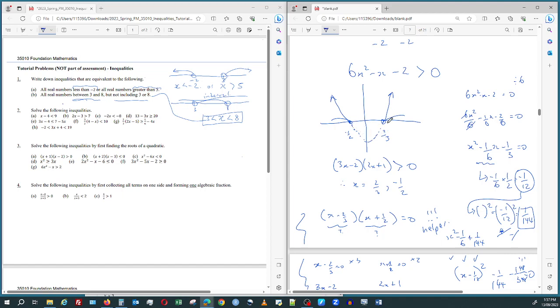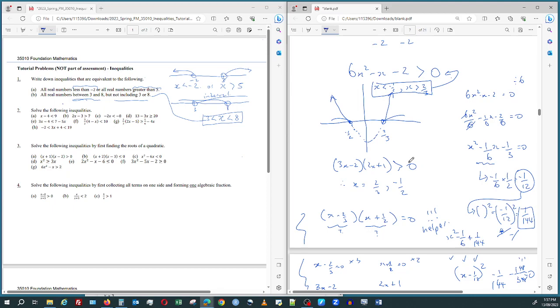We're interested in that solution set. So in this case here, we've got x is less than a half, and x is greater than 2/3. That is the solution of this inequation.